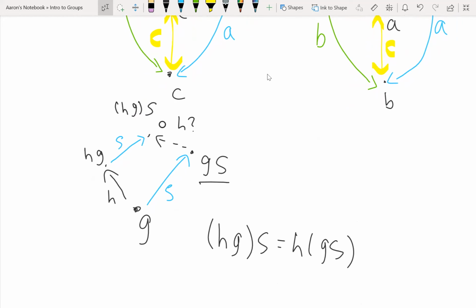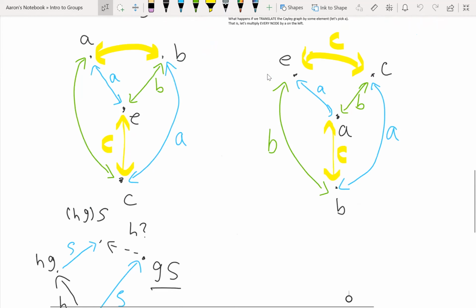And of course, because our group has inverses, there's some element that's going to be sent to the identity, right? Wherever H inverse is on this Cayley graph, when we multiply it on the left by H, we get the identity. So our new graph translated is, of course, going to have the identity.